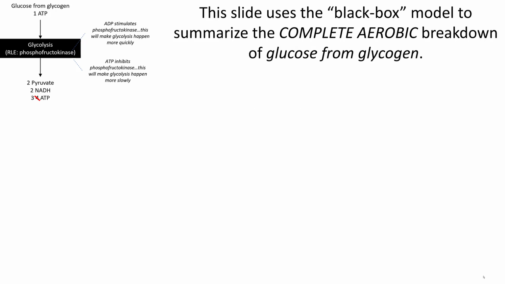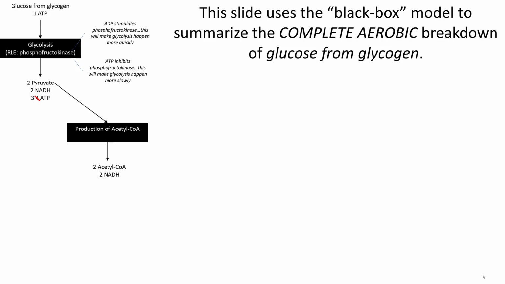On this next slide, we're summarizing the complete aerobic breakdown of glucose from glycogen. Again, we're going to say that glycolysis happened and we were left with 2 pyruvates, 2 NADHs, and a gain of 3 ATP. For aerobic breakdown, those pyruvate molecules then go into the production of acetyl-CoA stage.